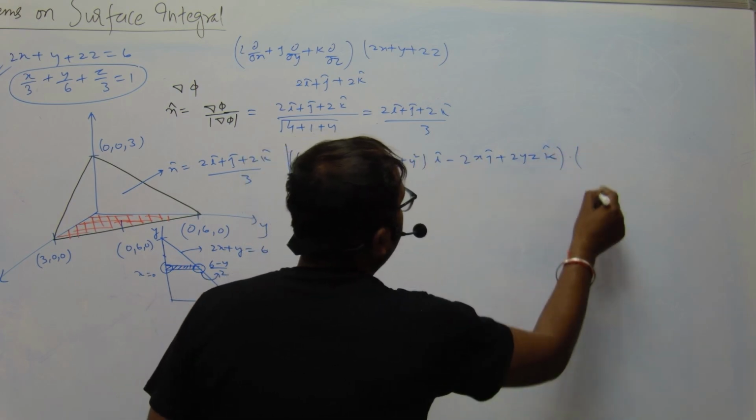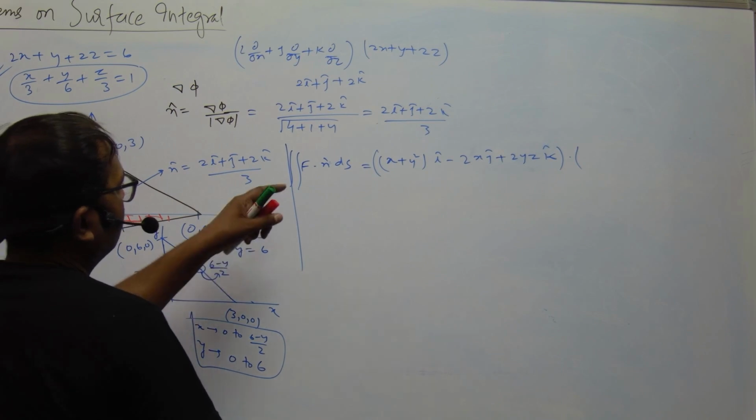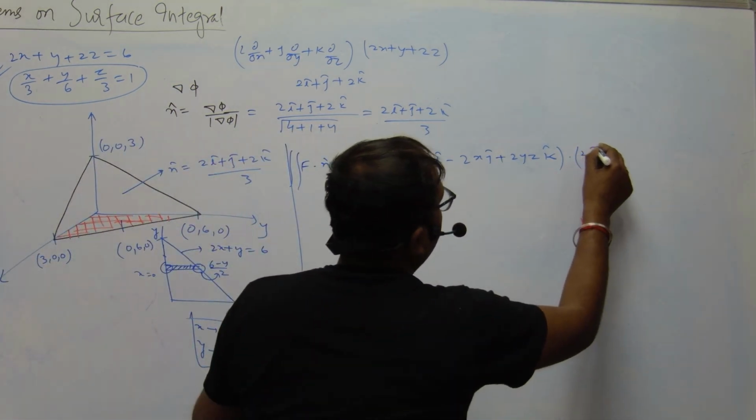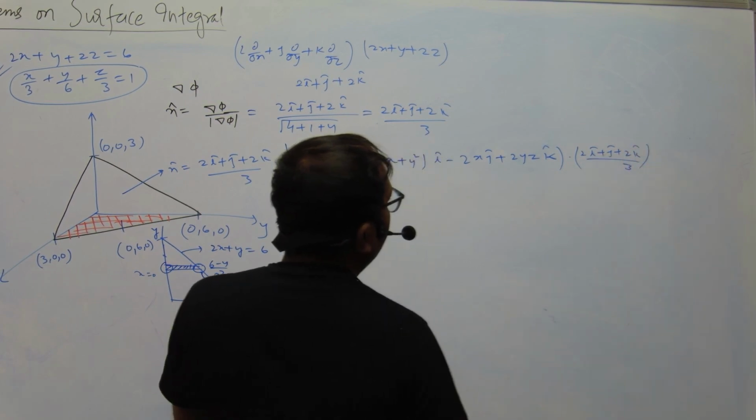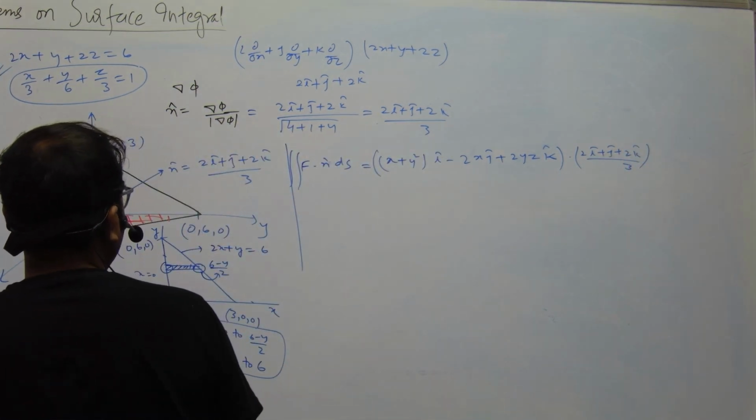F dot n cap, where n cap is 2 i cap plus j cap plus 2 k cap upon 3, into dS.